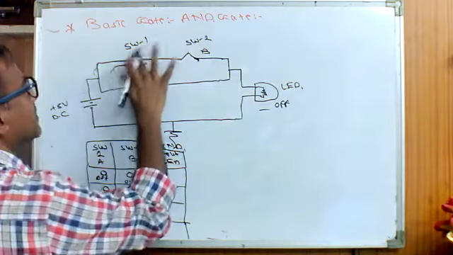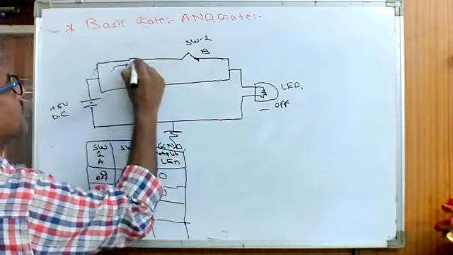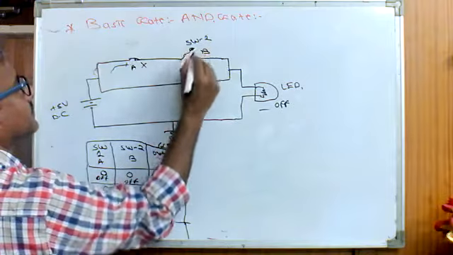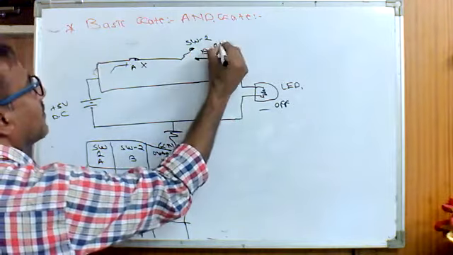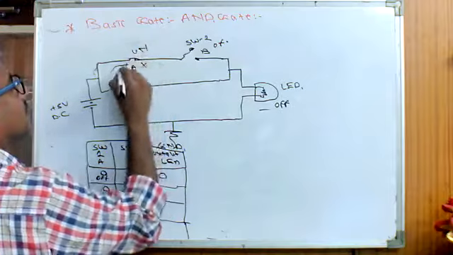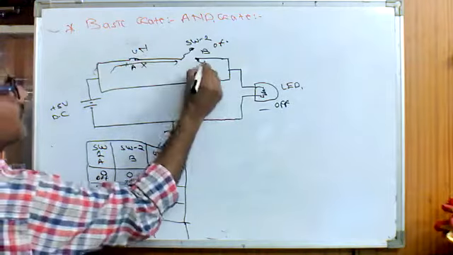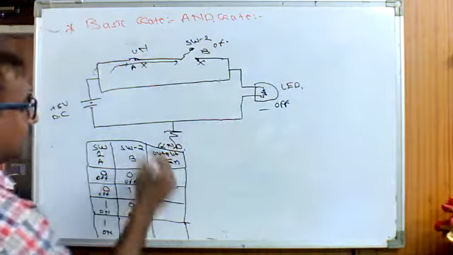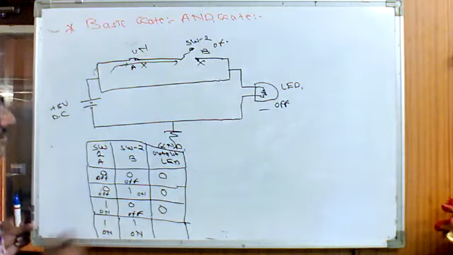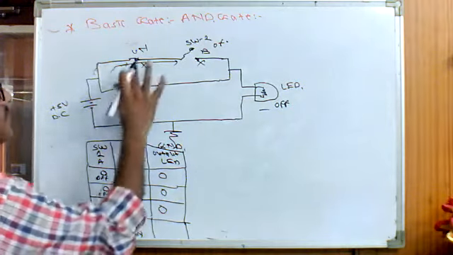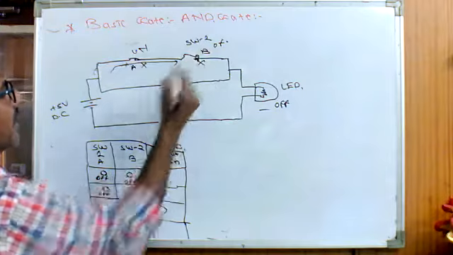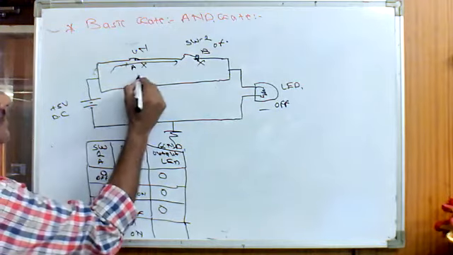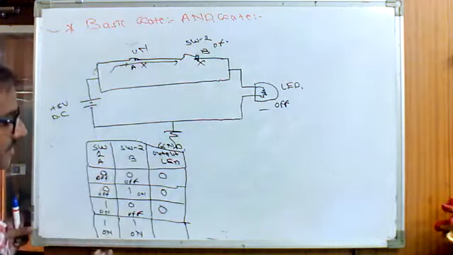In the reverse case, A is on and B is off. Current is not passing here, so the circuit is not completed, and the output is also 0. And when both inputs are high, the switching circuit is in series.